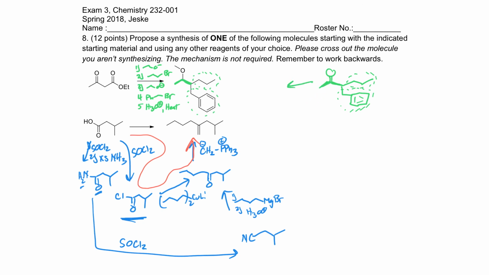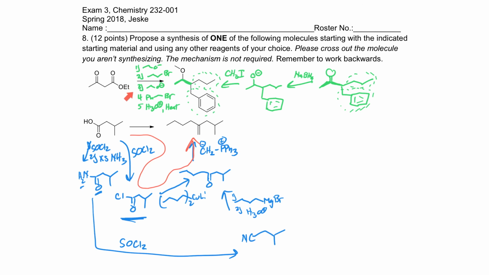So we can reduce the ketone with NaBH4 and we get that. If I don't add any proton source to the NaBH4, I'm left with the O-, and I can just use methyl iodide right there to alkylate that alkoxide, giving me the desired product.